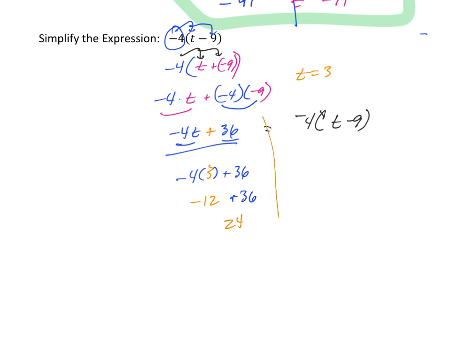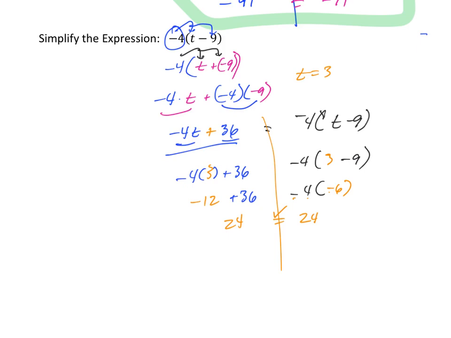Okay, now if I look at this side, I had -4 times t, I said t was 3, times 3 minus 9. 3 minus 9 is -6. So I'm going to have -4 times -6. Negative times a negative is a positive. 4 times 6 is 24. This side's 24. Okay, there we go.